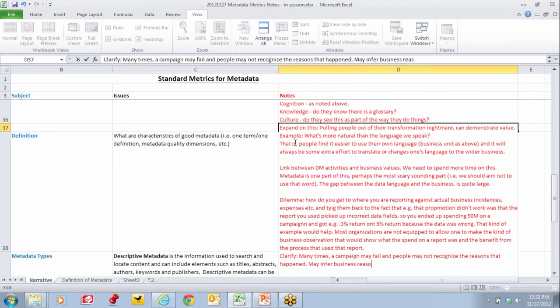So the $50,000 you spent on your marketing campaign didn't get you the 5% return, it got you a 0.03% return because there was bad data in the report you based it off.